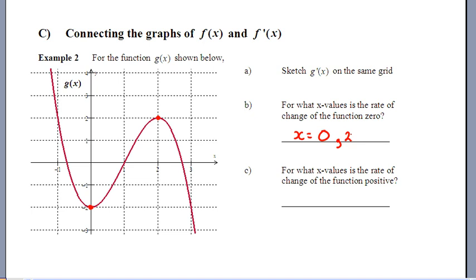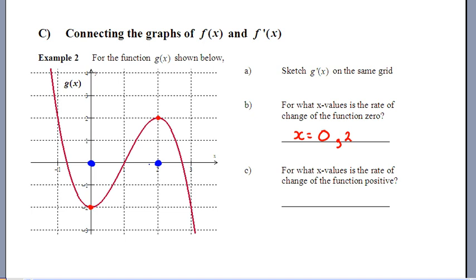So if I was graphing the derivative, a record of what the slope is at any moment, then I know at least at those two moments, the graph that I'm about to sketch has to be hitting 0. It has to record the fact that that red graph has a slope of 0. So I'm going to begin my sketch now of the derivative, and I have to be hitting 0 here and hitting 0 there.